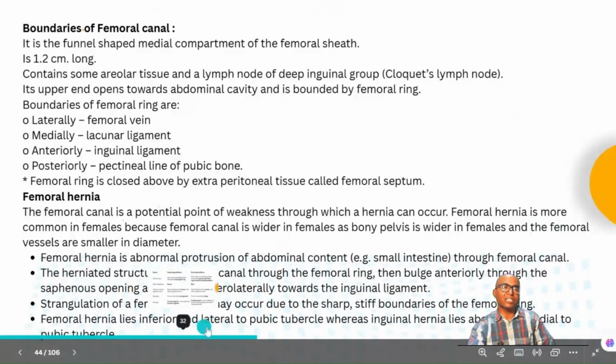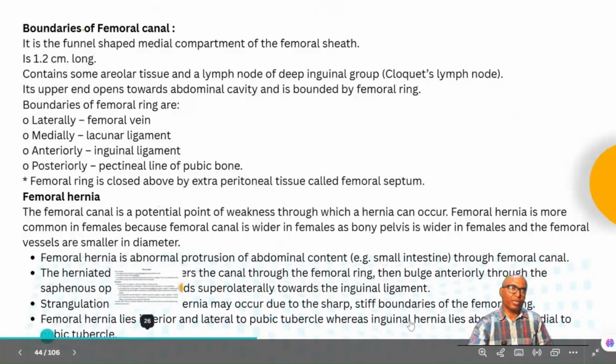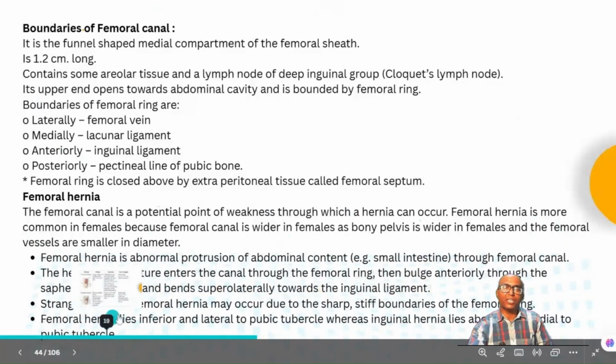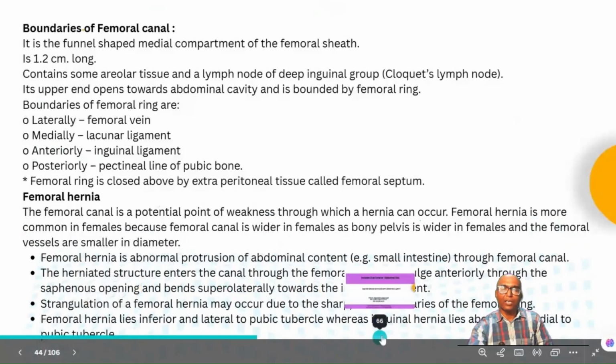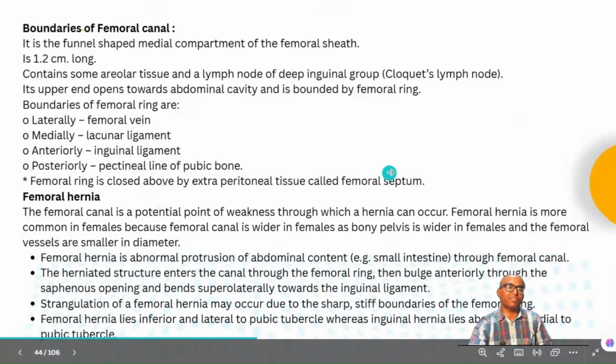This location also you should remember: the difference between the femoral hernia and the inguinal hernia. You have also seen the difference between the indirect and the direct inguinal hernia, that is with respect to the inferior epigastric artery, and this is with respect to the pubic tubercle and their location.